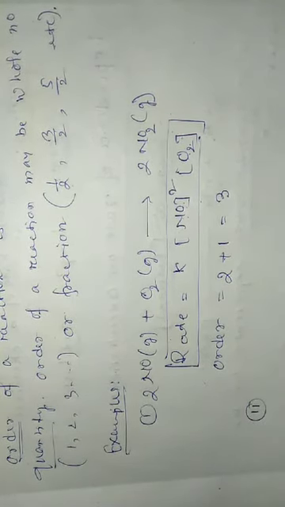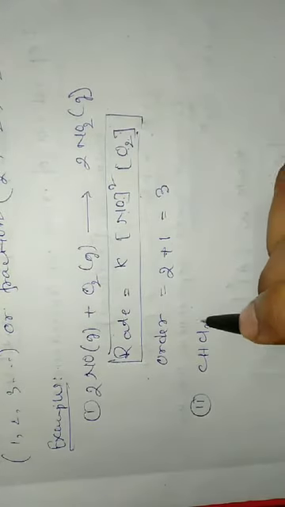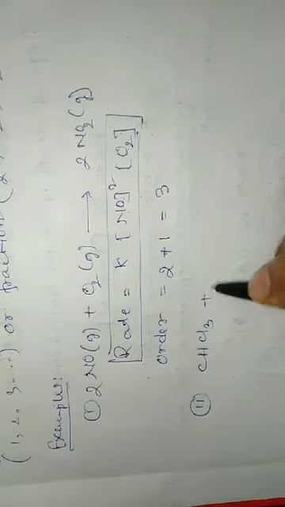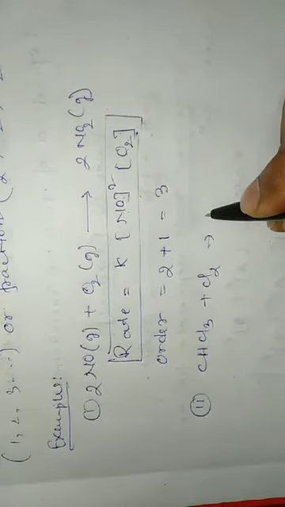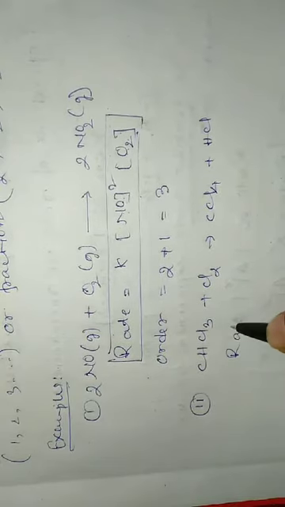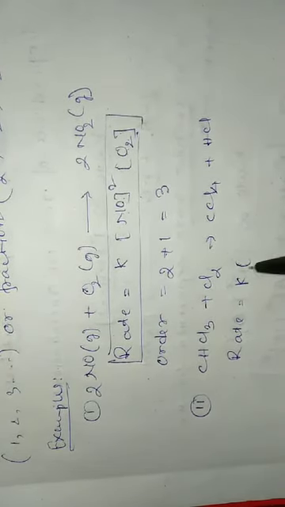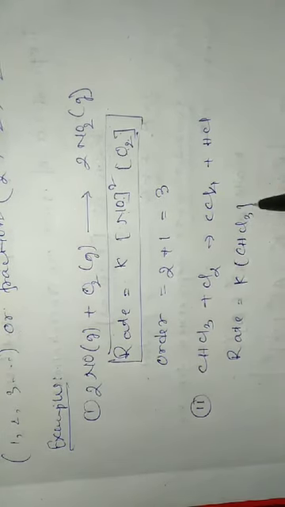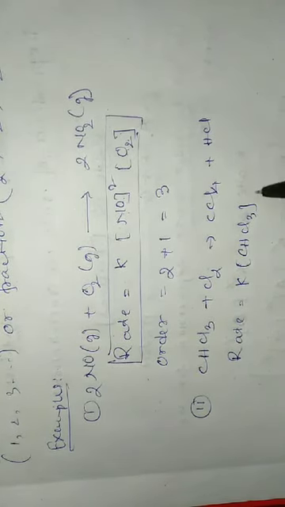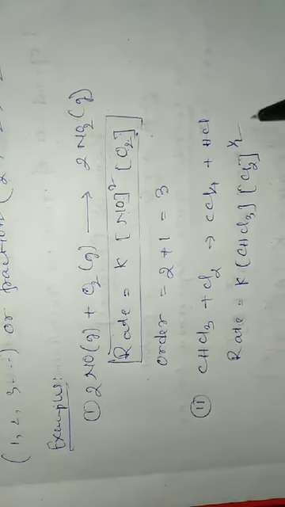One more example of a reaction: chloroform, CHCl3, reacts with chlorine, produces carbon tetrachloride plus HCl. For this reaction, rate equals K into concentration of chloroform and concentration of chlorine to the power half.